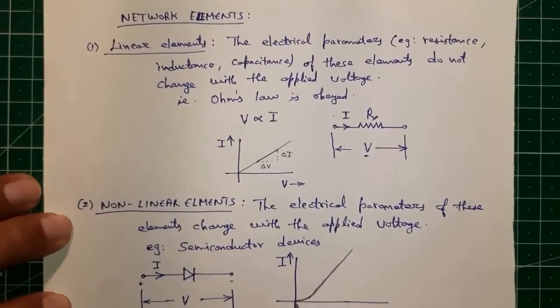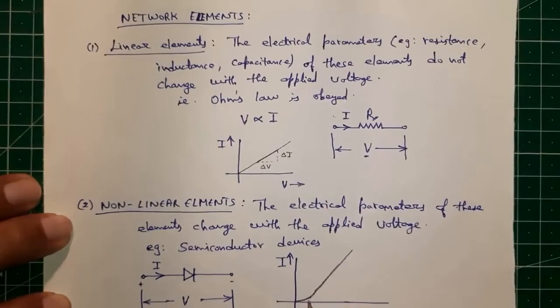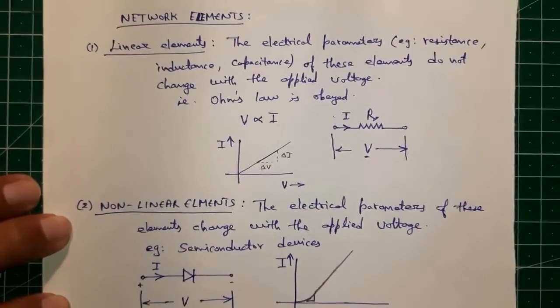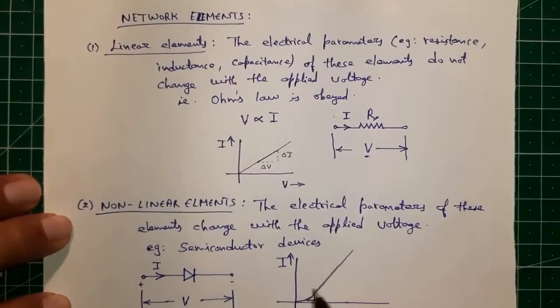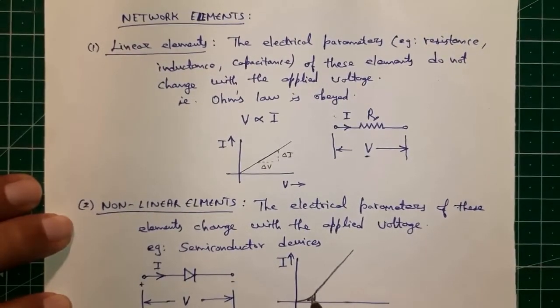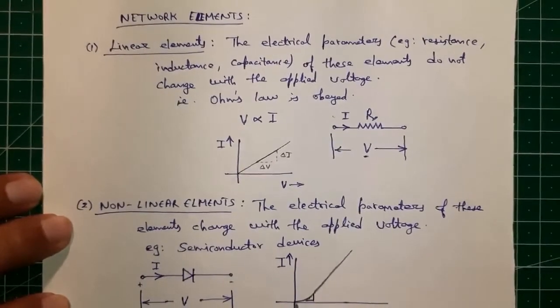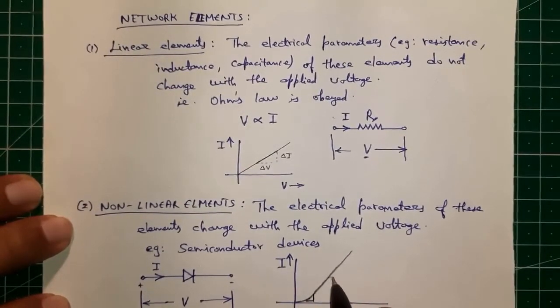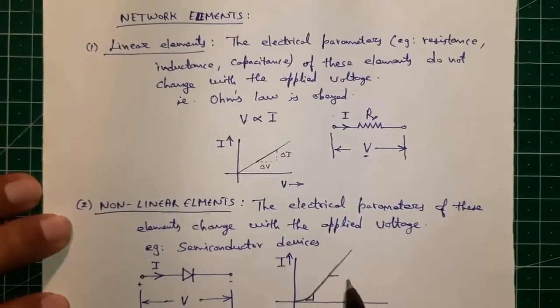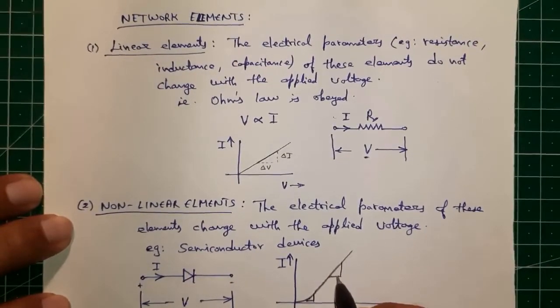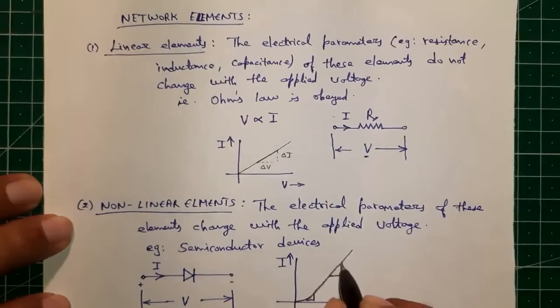So we are applying a small voltage here. It's the dynamic region. Here at every point the resistance is going to vary as we change the applied voltage. But here, once the diode has started conducting, we get a constant resistance.